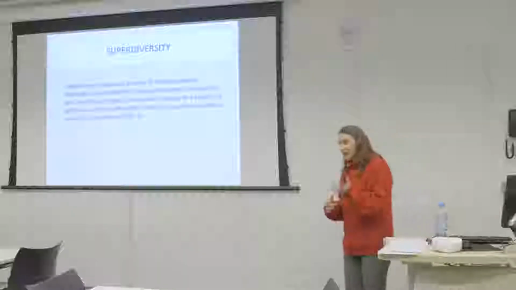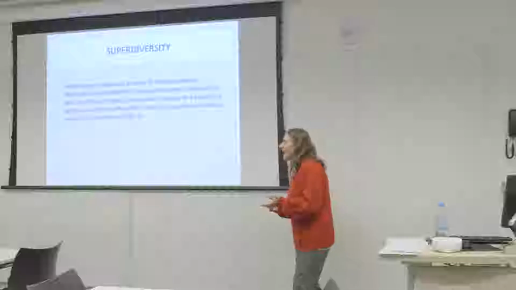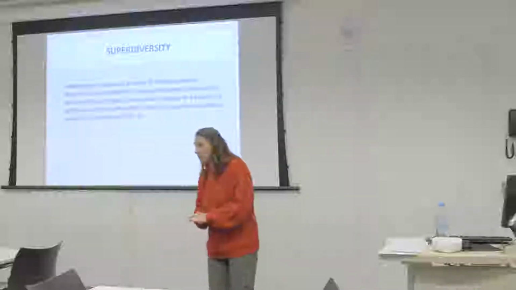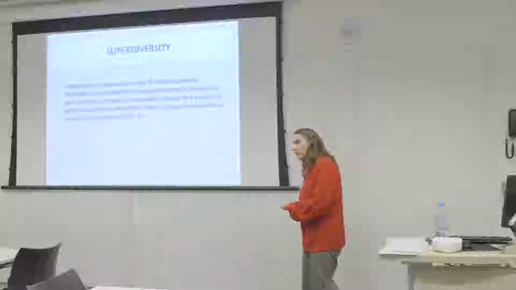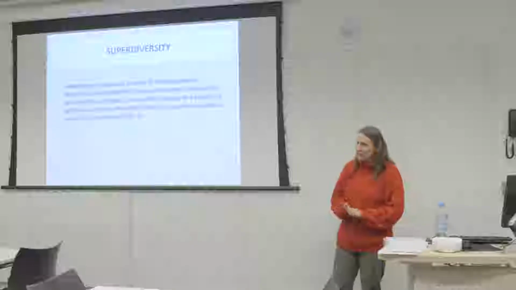Now, another aspect, sorry, this is going to be a bit theoretical in the first part, is the concept of superdiversity. This is something we as sociolinguists have borrowed from migration studies. It's actually a fancy term for something that's pretty obvious to most of us. Populations aren't necessarily stable.